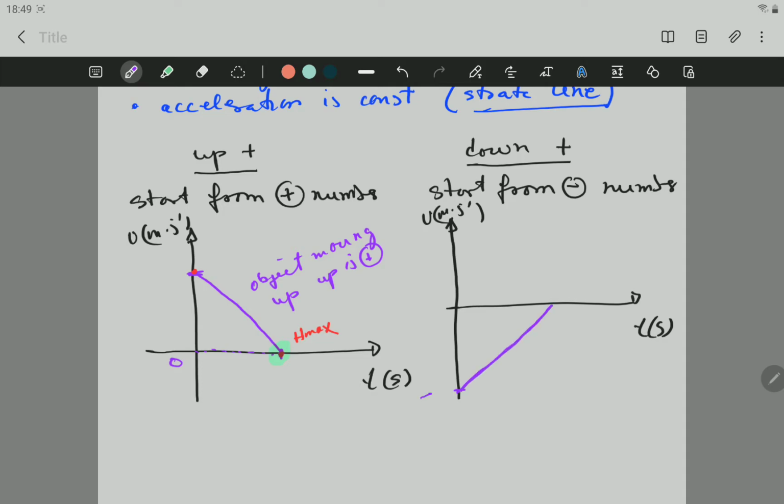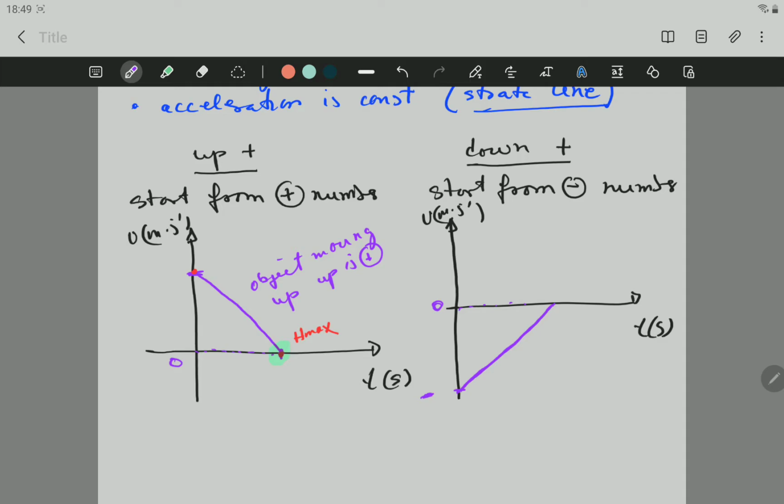Remember, this is a negative number. However, have in mind that the negative in physics means direction. So this negative number doesn't mean that it's a smaller number, but it is in the opposite direction as the one taken as positive. Down is positive and this object is moving up. That is why the velocity will be negative. And here is 0 at the x-axis.